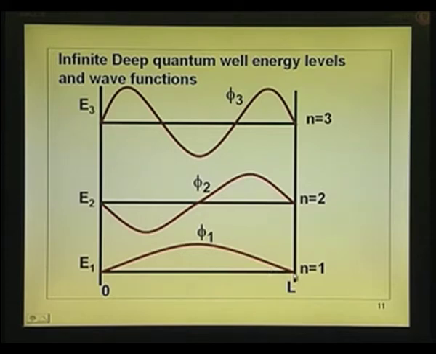In fact, if you solve that, what you have to do is write down the equation for this region with the same 2 m E by h bar squared as k squared. Here you write the equation k squared equal to 2 m, E minus V naught, where V naught is the height, divided by h bar squared. Solve the equation, and there should be continuity of the wave function from here to here.